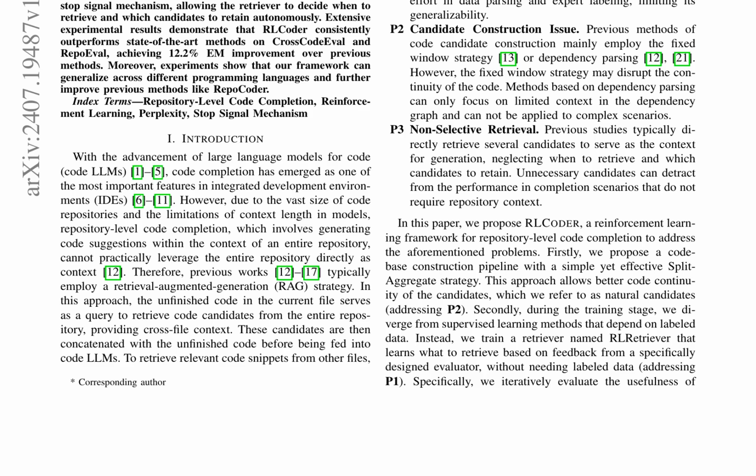Therefore, previous works typically employ a retrieval-augmented generation (RAG) strategy. In this approach, the unfinished code in the current file serves as a query to retrieve code candidates from the entire repository, providing cross-file context. These candidates are then concatenated with the unfinished code before being fed into code LLMs.